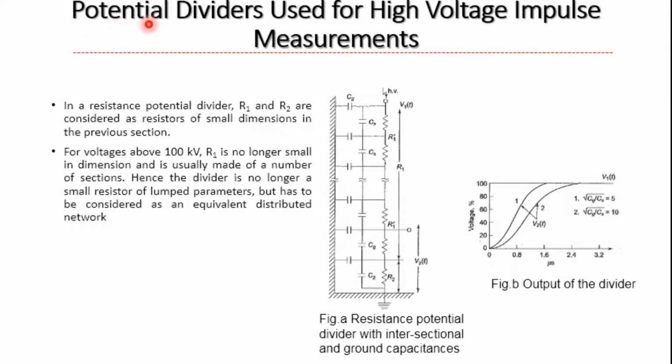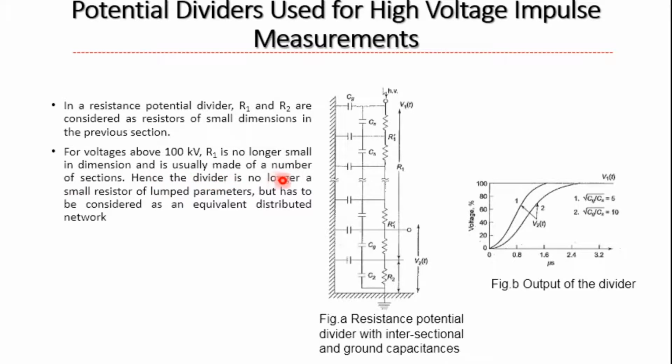Next is potential dividers for high voltage impulse measurement. In resistance potential dividers, R1 and R2 were considered small in the previous sections. But for a voltage of 100 kV, R1 is no longer small, and is usually made up of a number of sections.